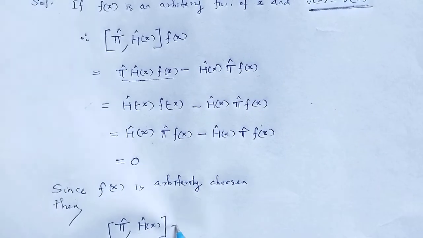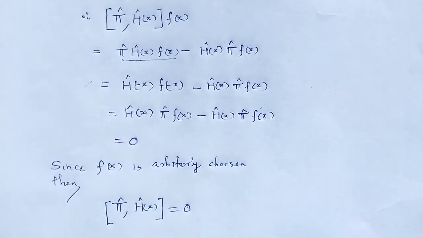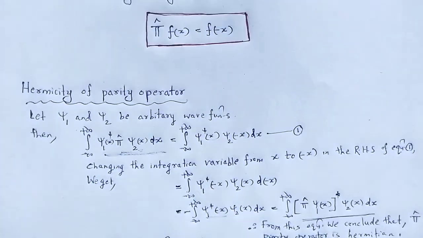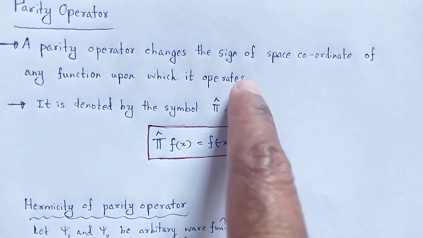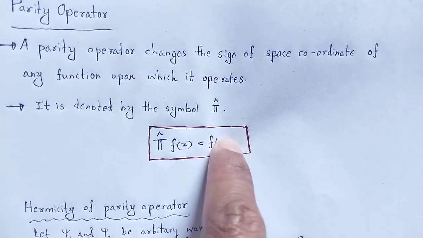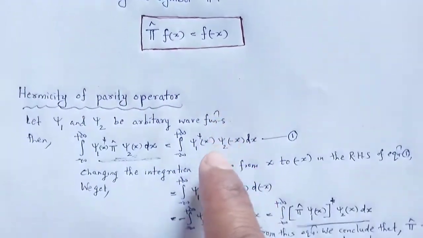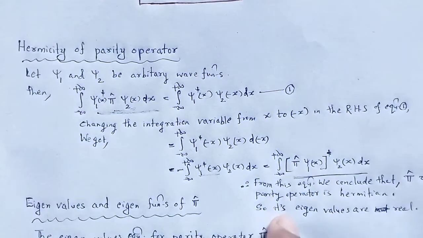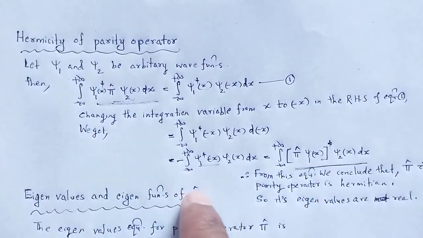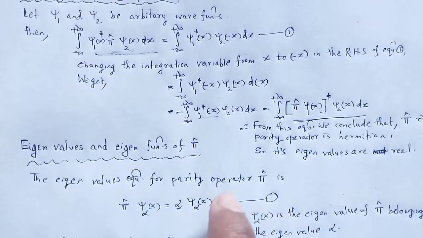Okay. So, with this lecture we understand the basics of the parity operator, the definition of the parity operator, its representation and mathematical formula, and Hermiticity of the parity operator. Since the parity operator is Hermitian, we say that eigenvalues are real, then the eigenvalues and eigenfunctions of the parity operator.